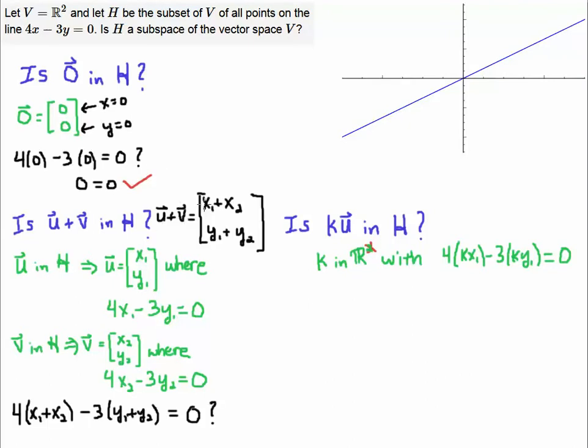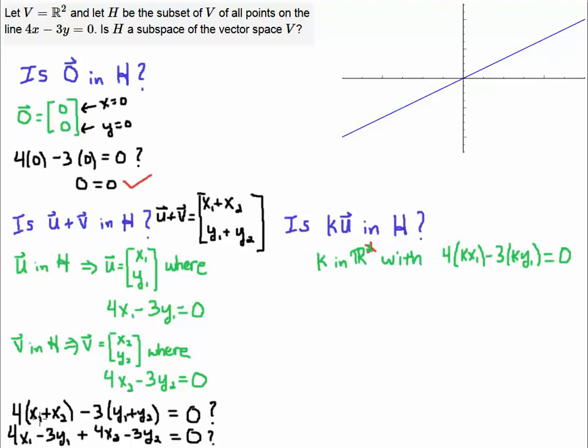u plus v is x1 plus x2 in the first coordinate, y1 plus y2 in the second coordinate. So we just added these two vectors. And then we test this point and see if it's in the space. So we take 4 times x1 plus x2 minus 3 times y1 plus y2, because this is 4x minus 3y. We see, is that going to be equal to 0? Well, I distribute the 4, and then I distribute the minus 3, and then I just see if the sum of those two things is equal to 0.